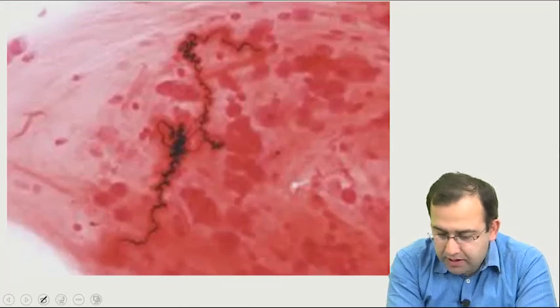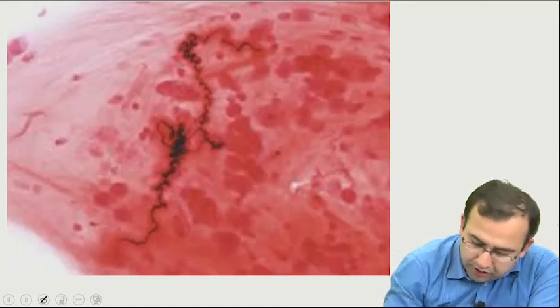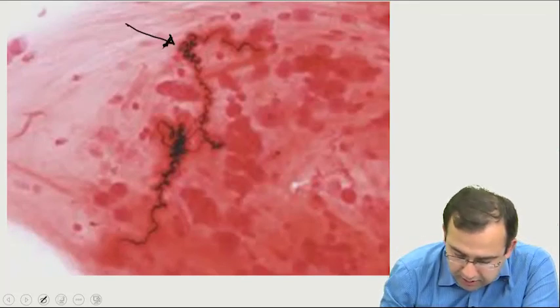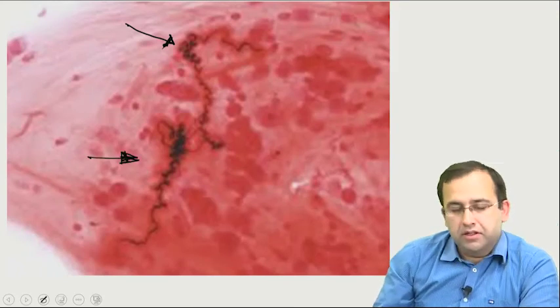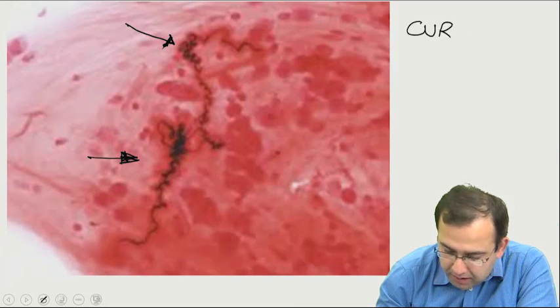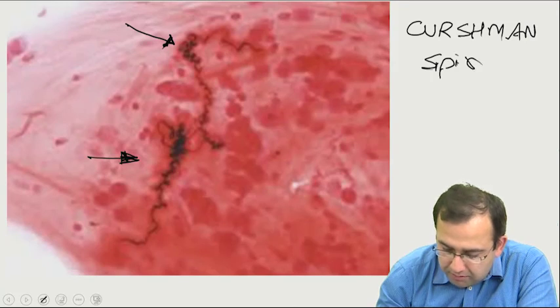Next, diagnosis. This is a spotter. What you have here are thick tenacious mucus plugs. Kirschmann spirals. Thick tenacious mucus plugs in sputum sample.